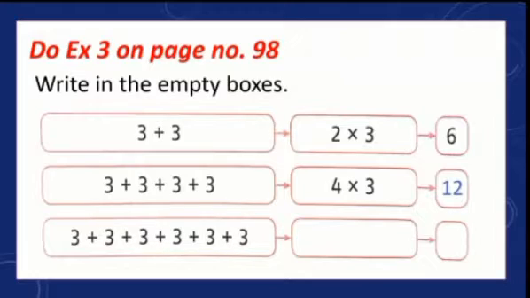Then you can see here there are 2 empty boxes. Let's figure it out. When you add 3 six times, the answer will be 18. So multiplying 3 by 6, the answer remains the same, that is 18. Complete all the parts in the book.